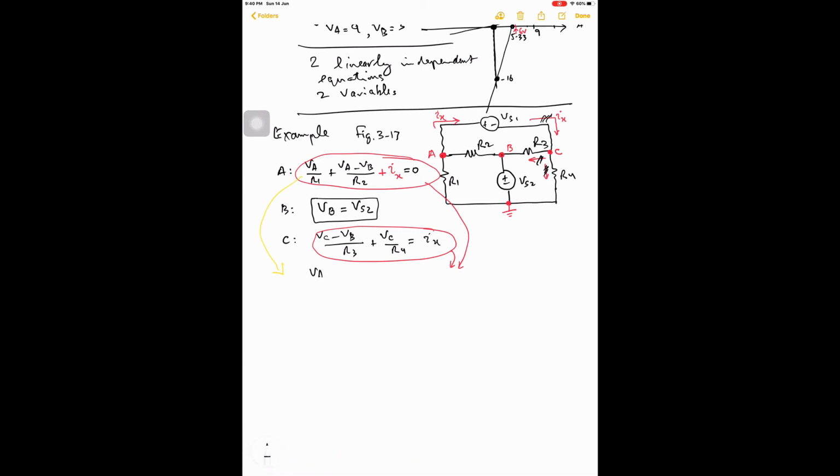This is Va divided by R1 plus Va minus Vb divided by R2 plus Ix, plus this Ix, which is over here, so I will write it as plus Vc minus Vb divided by R3 plus Vc divided by R4, and is equal to 0. Now we have eliminated Ix.